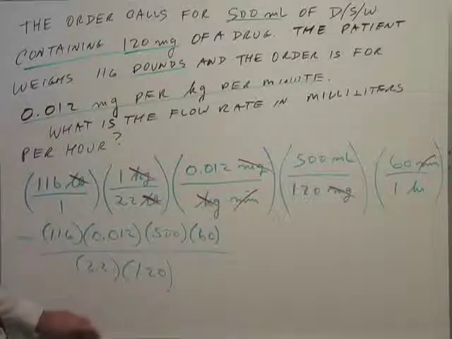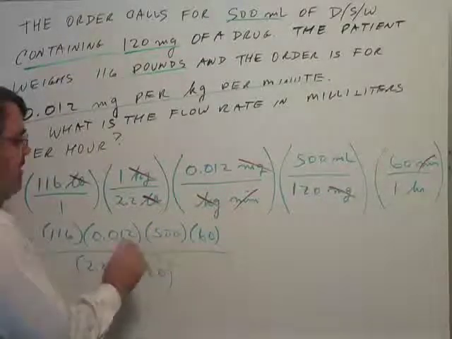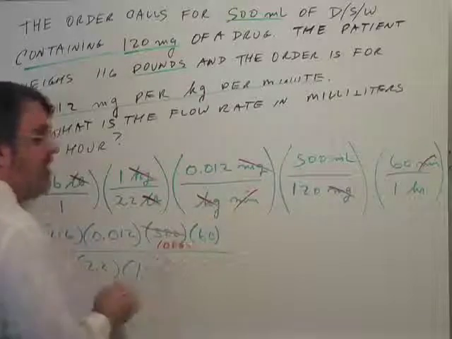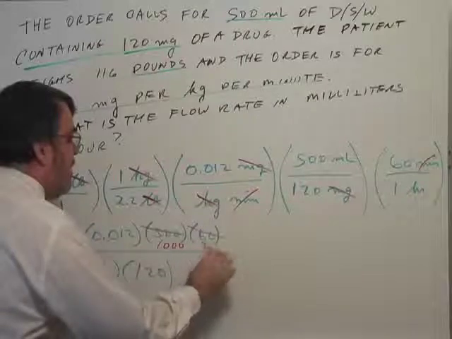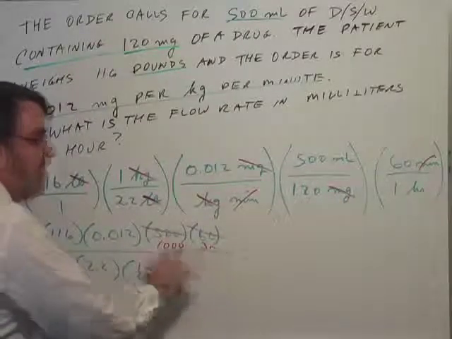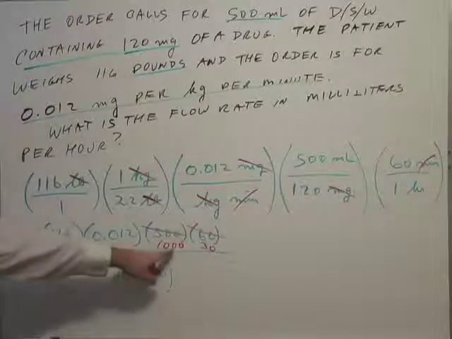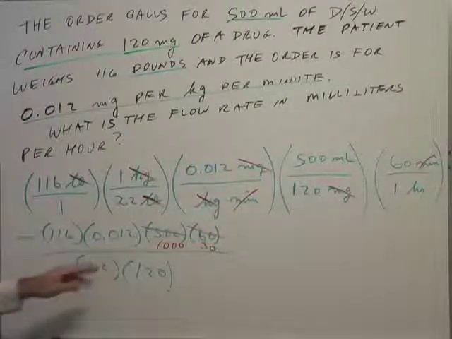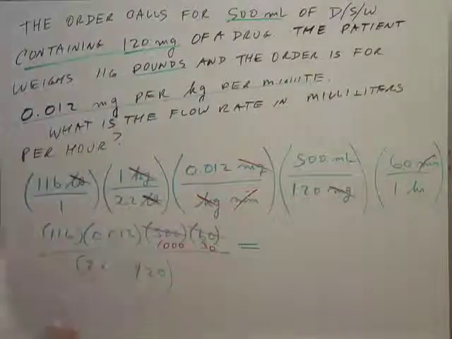But here's what I like to do. If I made this 500 a 1,000, I'm making it twice as large, which means I need to make this number half as large. So I'm going to borrow a factor of 2 here and make that 1,000 and cut that down to 30. The reason I did that is because 1,000 times this number gives me 12, no decimal. That was an easy way to eliminate this decimal.